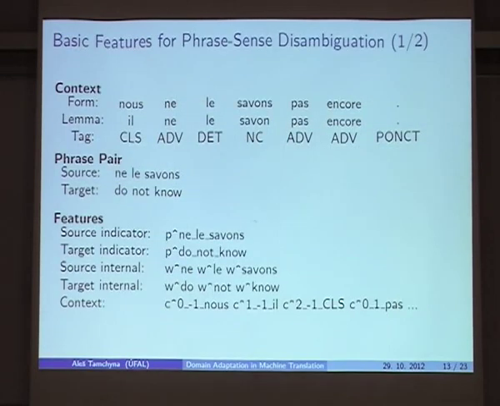So what features did we actually use in PSD? This is the example context, and this is the example phrase pair that I'm going to describe the features on. So what features do we have? Source indicator, this is just a feature identifying the source phrase, and a feature identifying the target phrase. Then we can decompose the phrase into words and add those as features, similarly for the target side, and then we also extract the context.